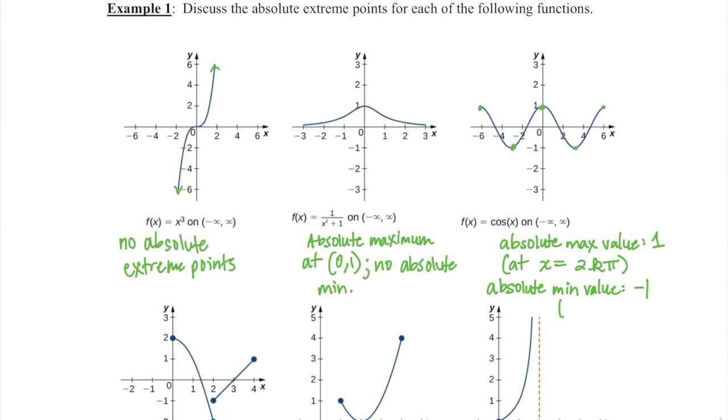And that happens at pi or negative pi or 3 pi. So at x equals any odd integer multiple of pi. So we could write that as 2k plus 1 times pi, where k is an integer.